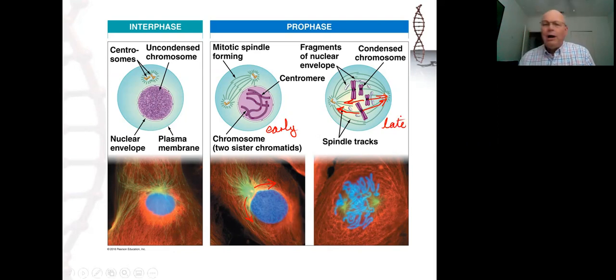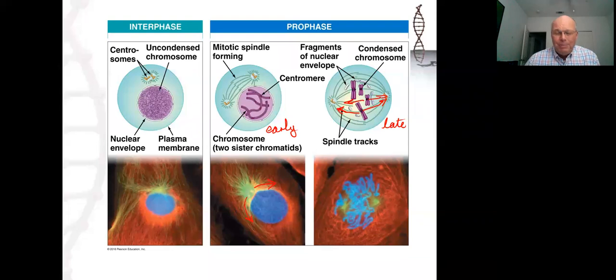Now, if you are researching this outside of the textbook, maybe you're looking at the Khan Academy videos, or maybe you're looking at some other resources, you may see reference to something called prometaphase. Prometaphase has been developed by some cell biologists, the people who study this, as a way of dividing early and late prophase into two separate phases.